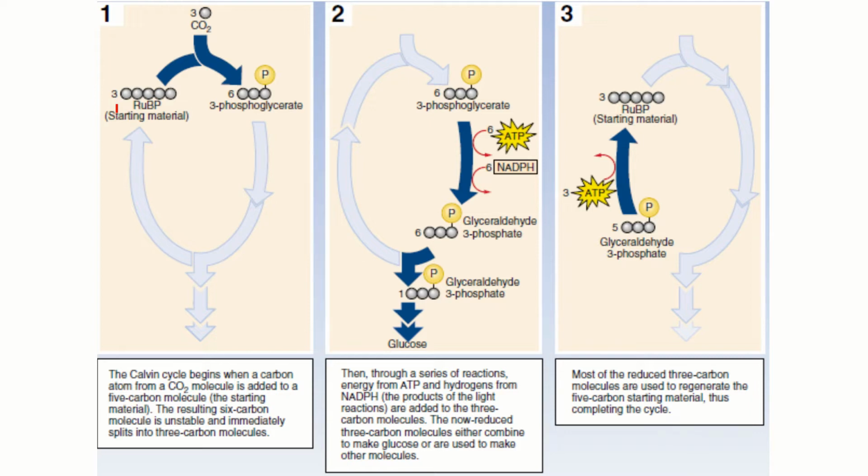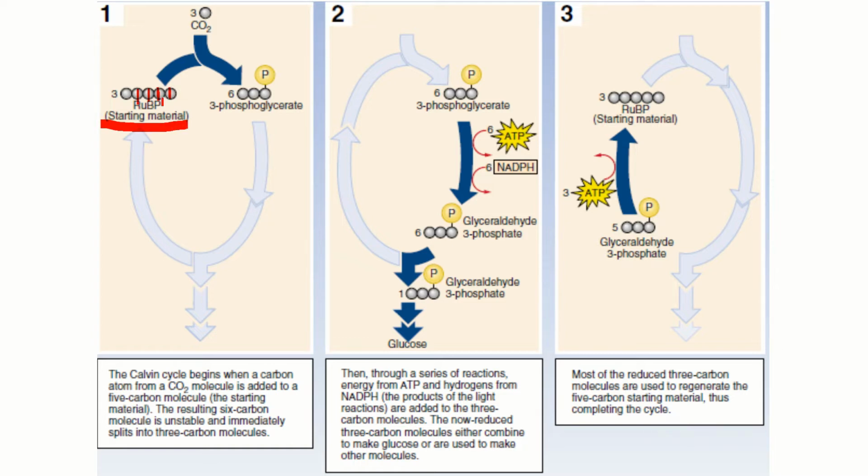Can you see, this is the starting material RuBP, ribulose 1,5 bisphosphate. So how many carbons are there? Here is carbon number 1, 2, 3, 4, 5. So there are 5 carbons in this compound. This RuBP is a 5 carbon compound. It is the starting material.